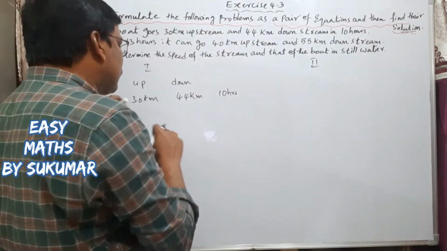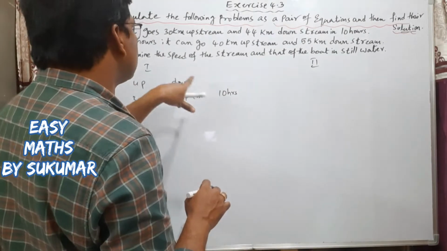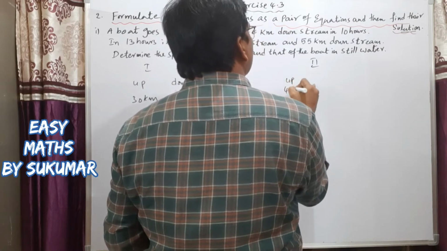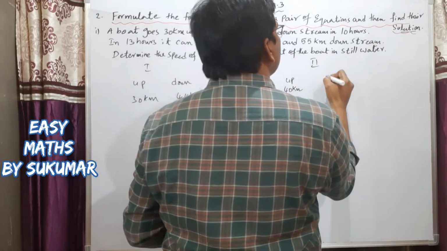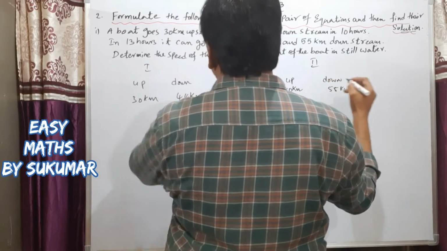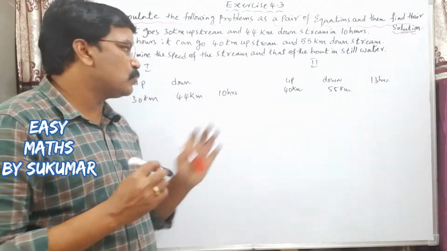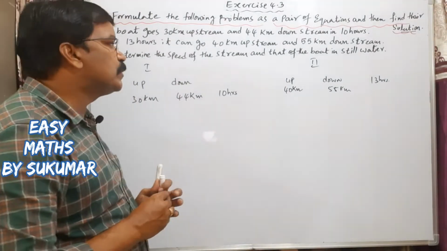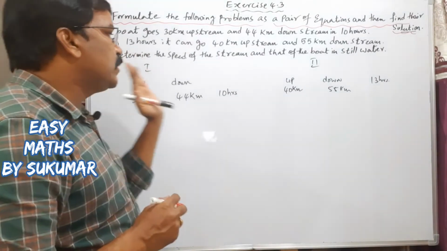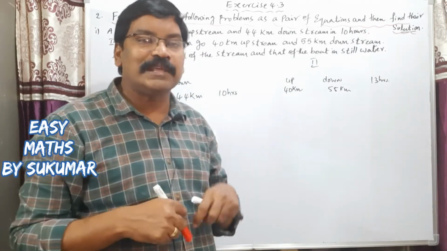Coming to the second case, it can go 40 kilometers upstream and 55 kilometers downstream in just 13 hours. So the time taken is 13 hours. Now we have to determine the speed of the stream and the speed of the boat in still water. Actually, the speed of the boat should be more than the speed of the water stream.